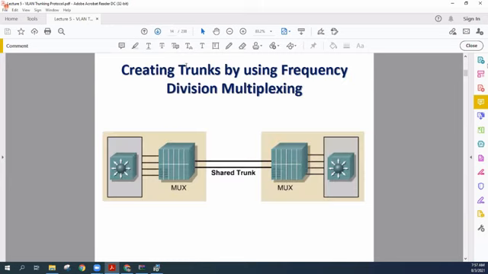Moving forward, creating trunks by using frequency division multiplexing. You have heard, right, how in wireless you do frequency division multiplexing. It is the way that different telephone channels, radio channels and television channels run at different frequencies.